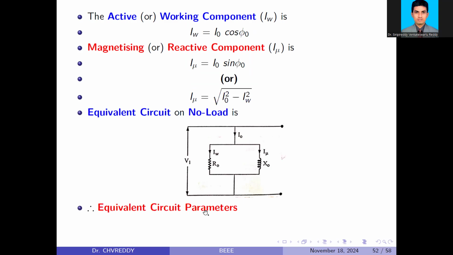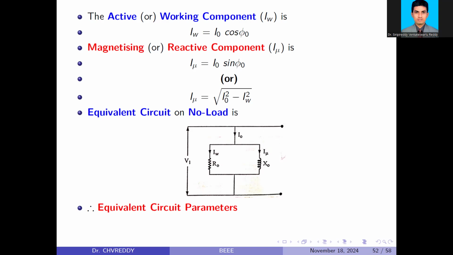Now we need to calculate the equivalent circuit parameters. Earlier we said that the open circuit test and short circuit test help to determine equivalent circuit parameters, voltage regulation, and iron loss or copper loss for calculating the efficiency.